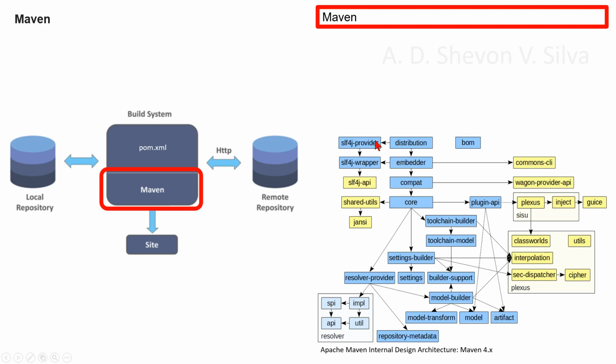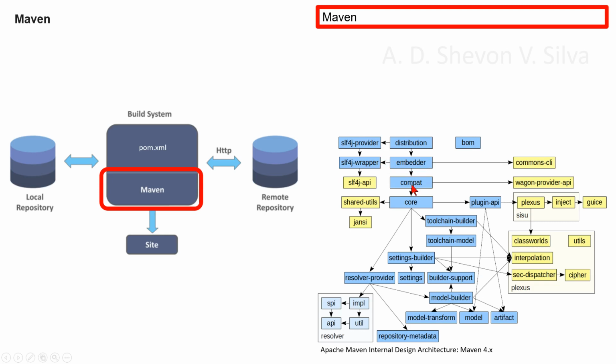Distribution is connected to SLF4J-provider and SLF4J-wrapper, and also distribution is connected to embedder, and you can see here BOM.